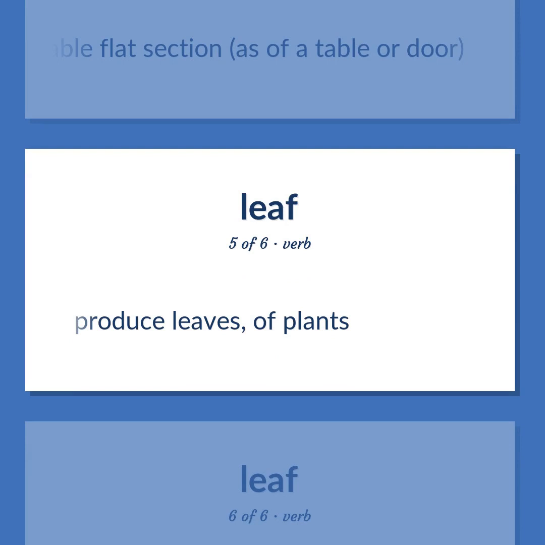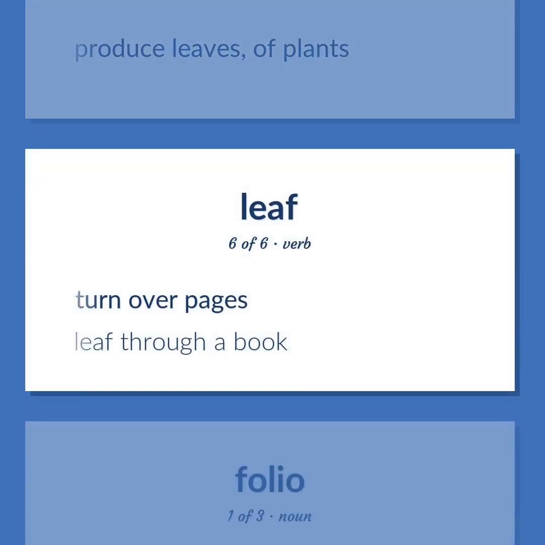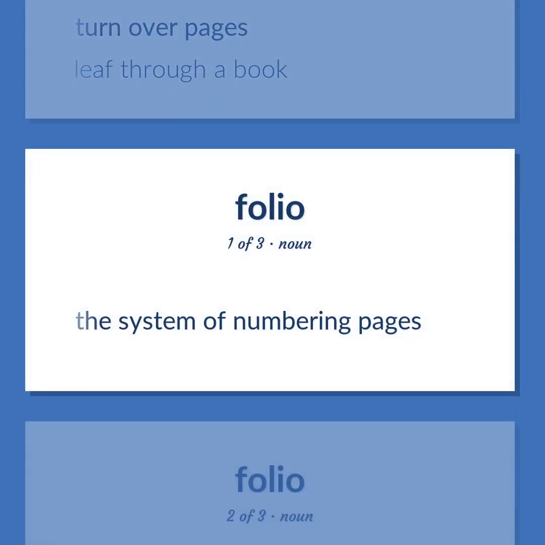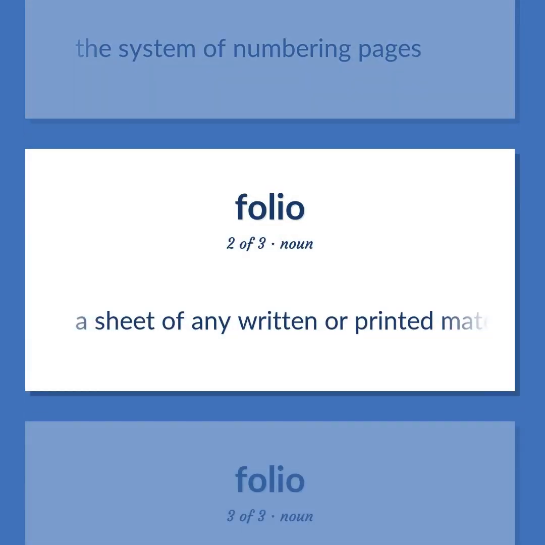Produce leaves, of plants. Turn over pages. Leaf through a book. The system of numbering pages. A sheet of any written or printed material, especially in a manuscript or book.